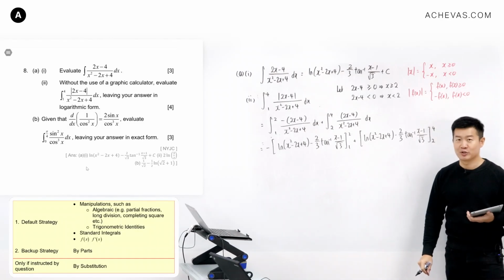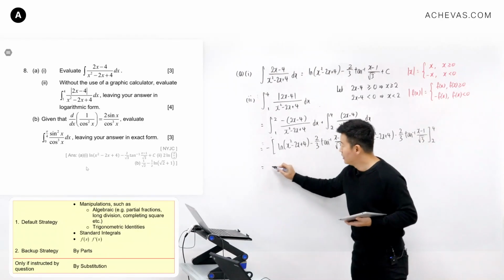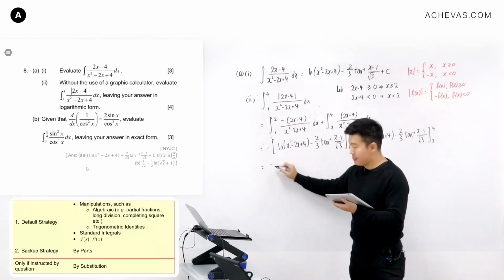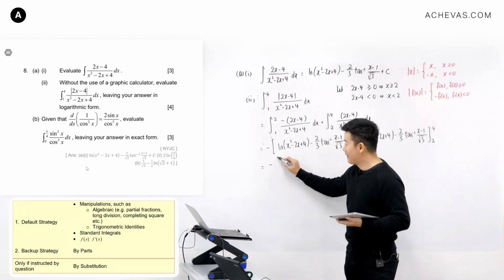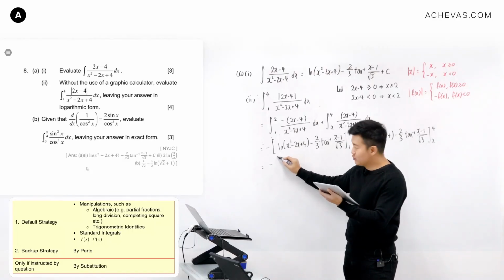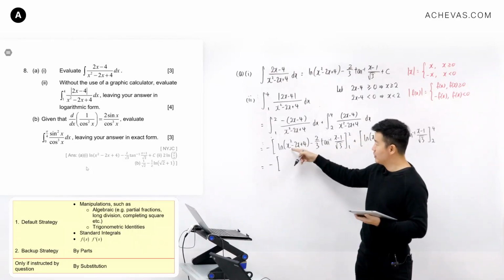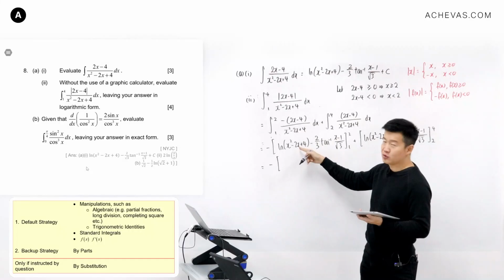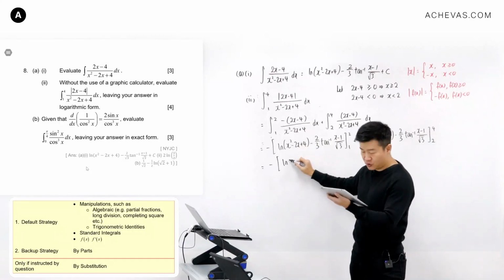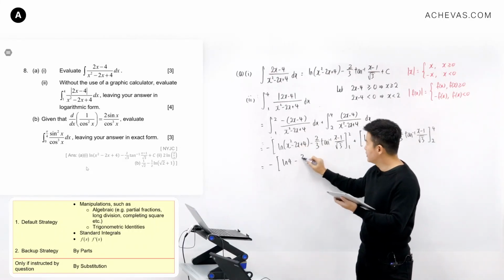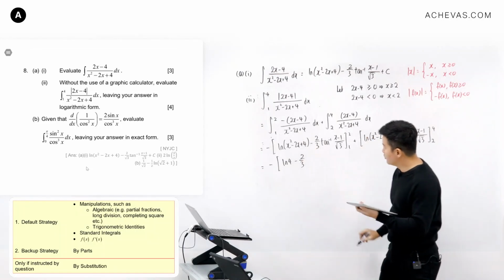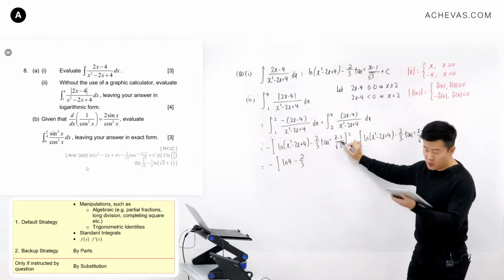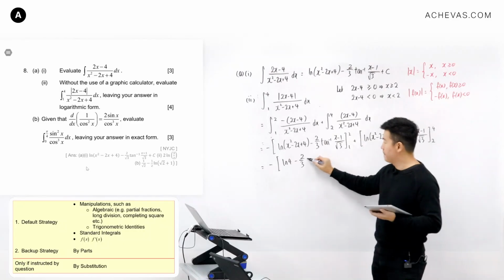And let's do the substitution. It's going to be minus of. Here, if I sub 2 in, it will be 2 squared minus 2 times 2 plus 4, which is 4. So ln 4 minus 2 over 3 tangent inverse of 1 over square root of 3.